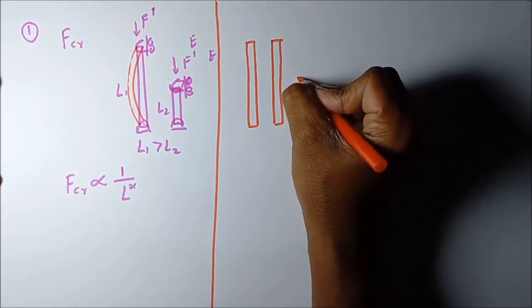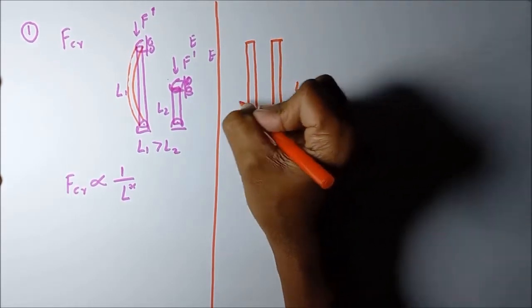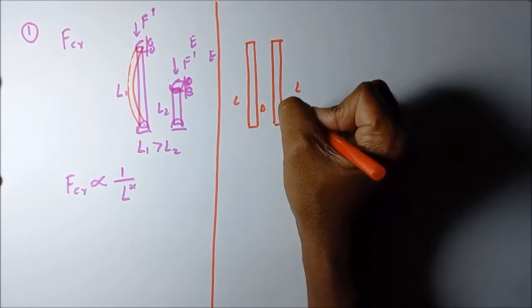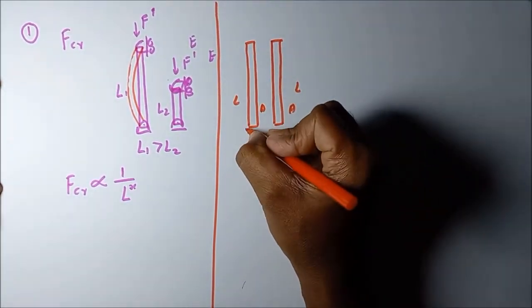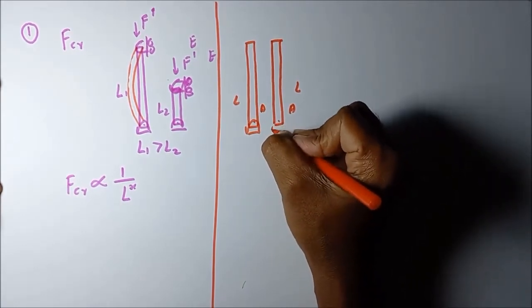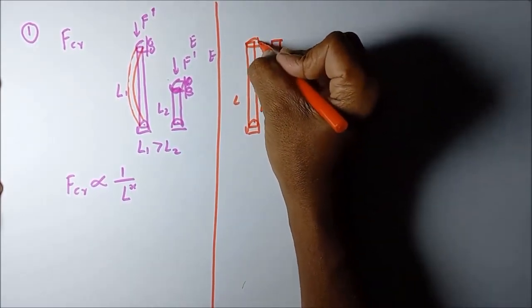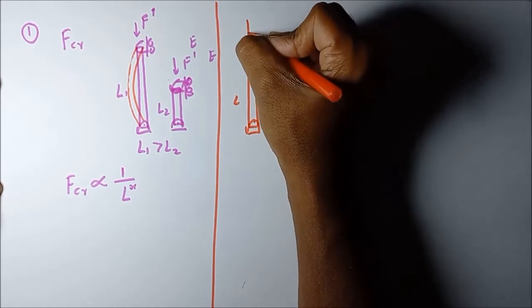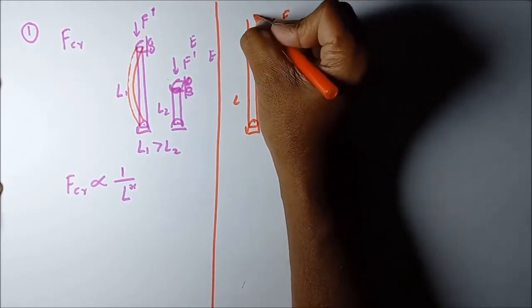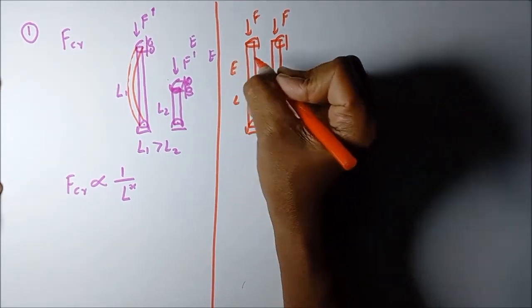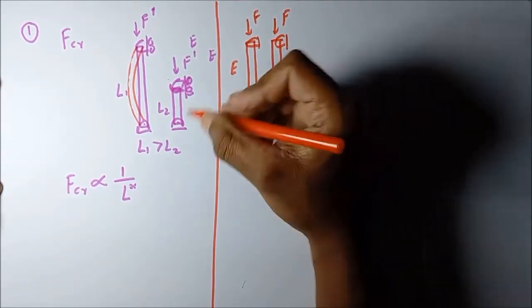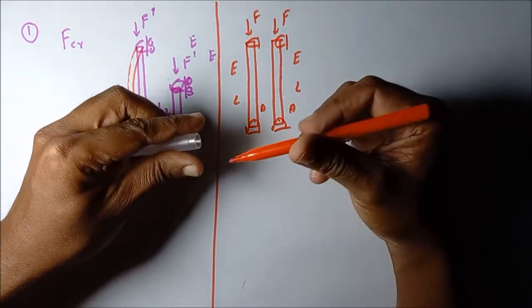In this situation, the length is the same, the cross-sectional area is the same, and the support conditions are also the same. Two different forces are acting on it, F1 and F2. All the dimensions and support conditions are the same.